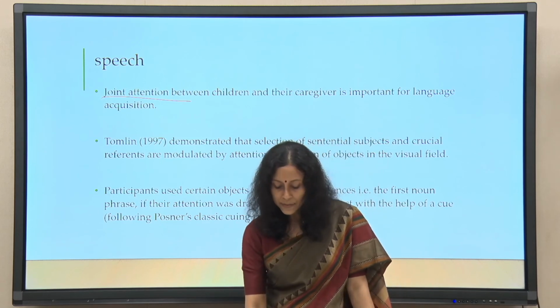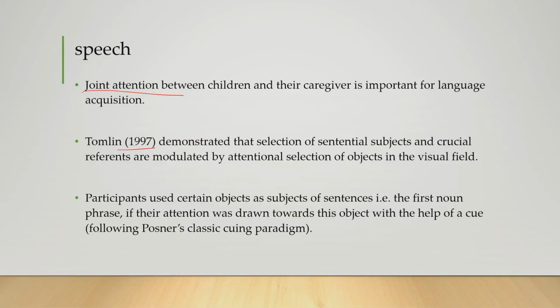So, Tomlin's study, which is a landmark study, again demonstrated that selection of sentential subjects and co-reference are modulated by attentional selection of objects in the visual field. So, there were objects in the visual field and the subjects had to speak about them.